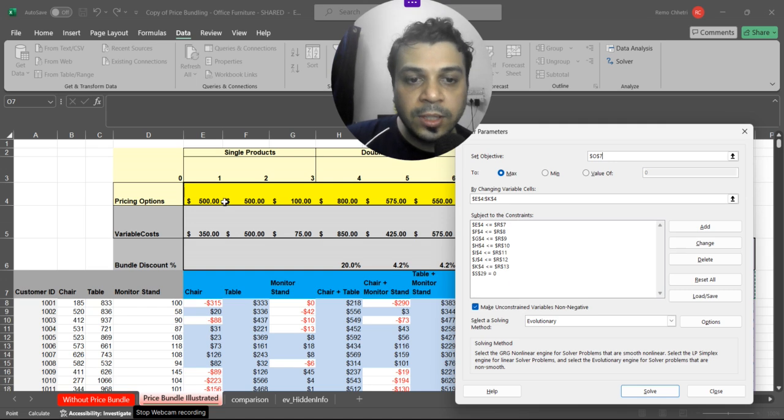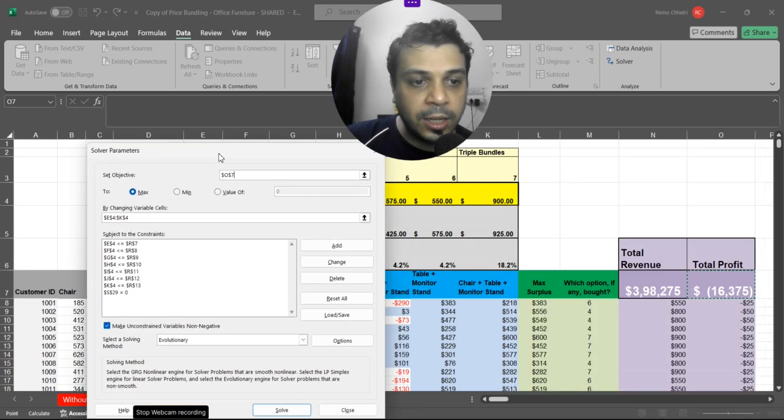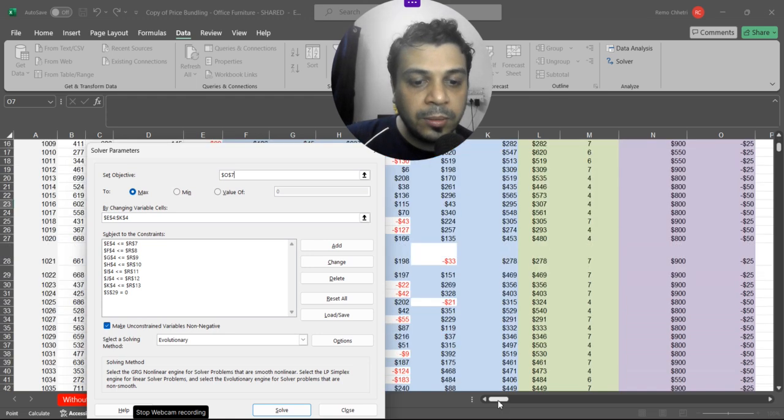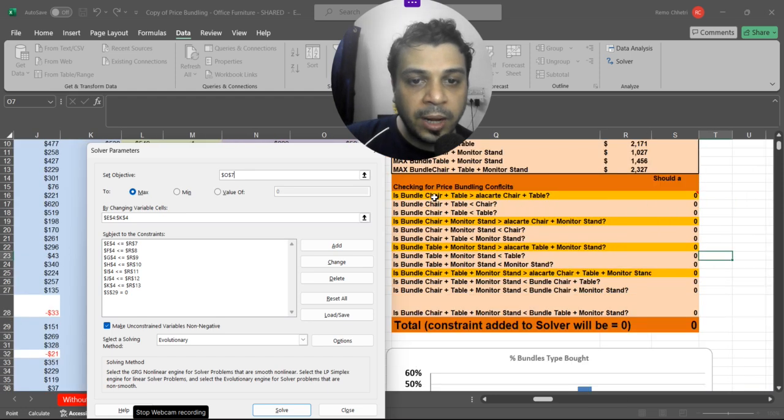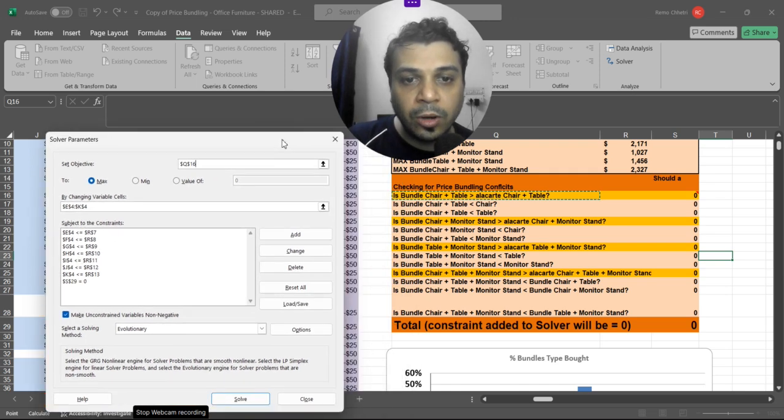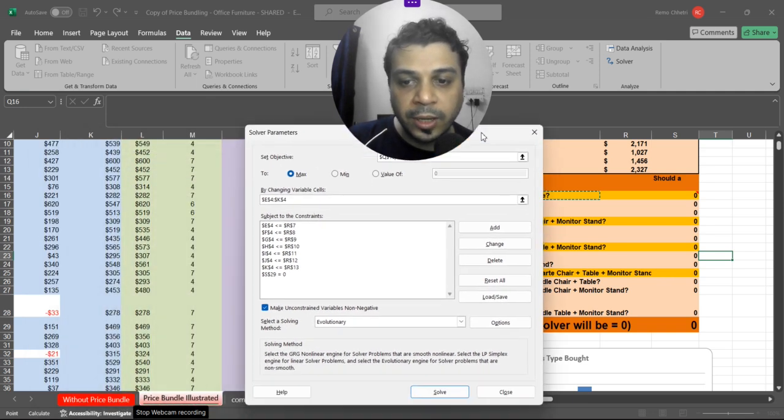The constraints will simply be the ones that I just discussed. The bundle prices should not be greater than the sum of the prices of each individual product, and they should also not be less than each of the individual or a la carte product prices. So this is the set of constraints that we are looking at.